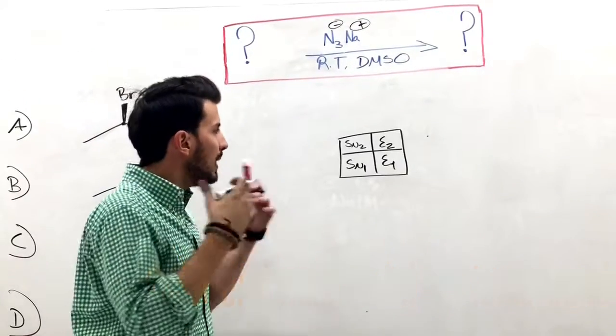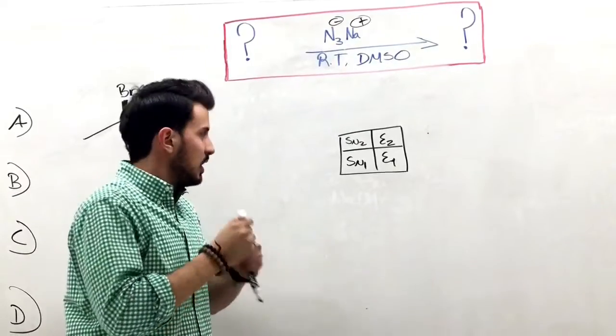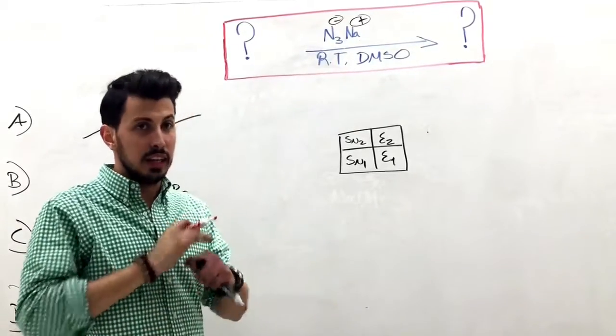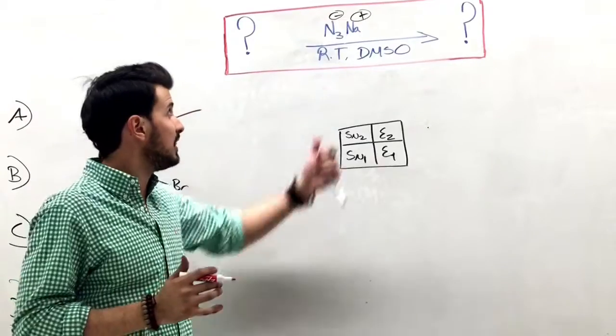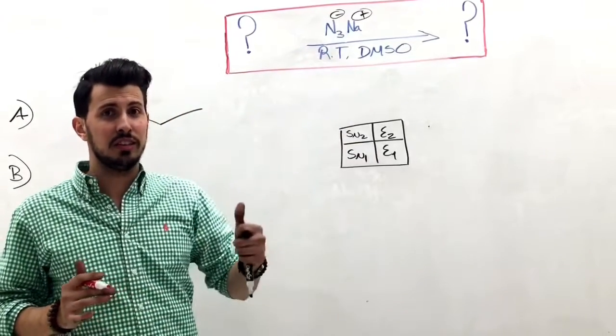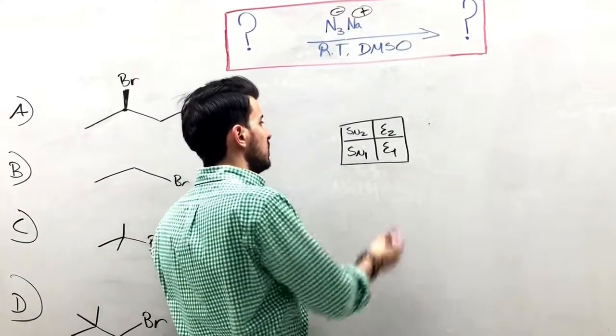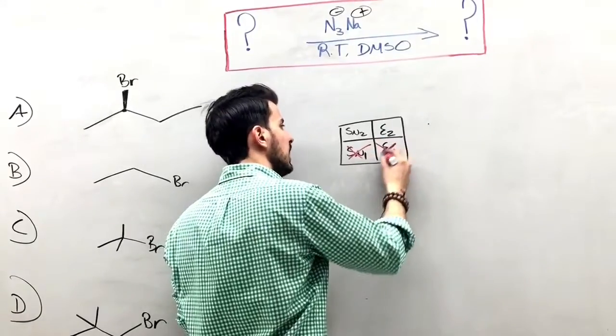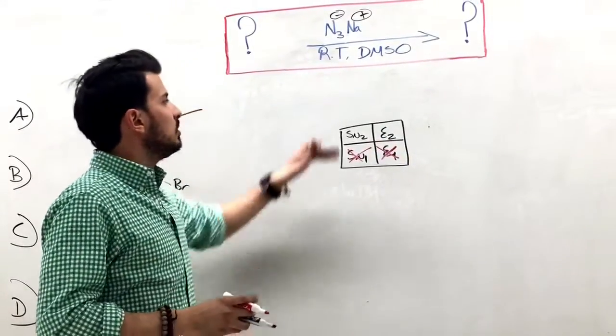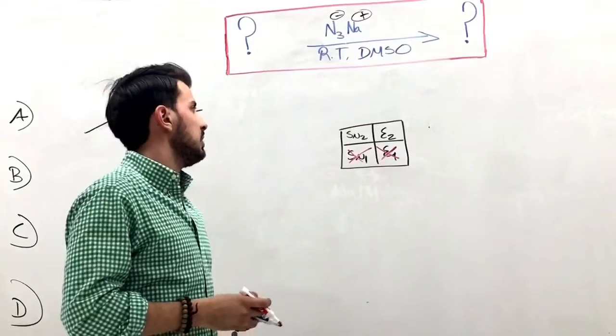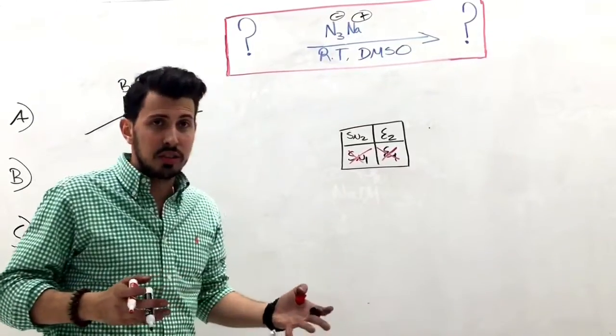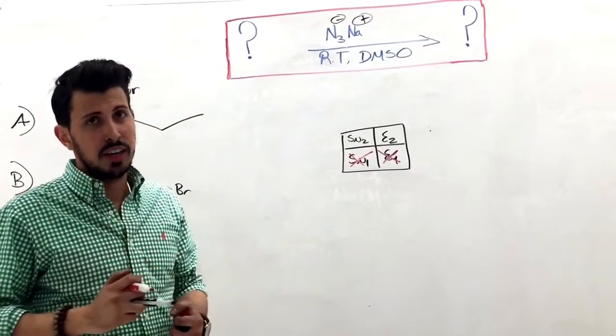So if you're making a little mental map, you want to cross out which reactions it could definitely not be. We already identified this is going to be a type 2 reaction. That means it's going to be Sn2 or E2. We crossed out Sn1 and E1. How do you know this is Sn2 or E2? Because things that are nucleophiles could potentially also act as bases, right?